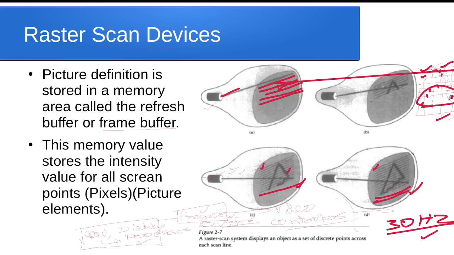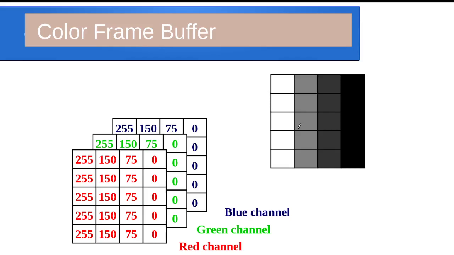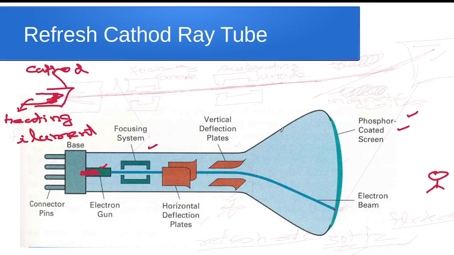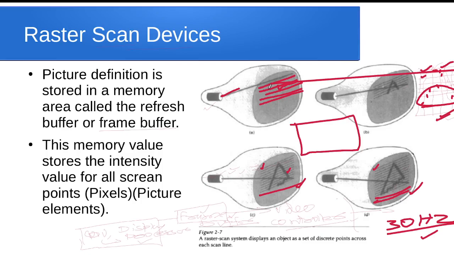In between, if the frame is changing, it is possible. Now if you really have an issue where you cannot maintain such kind of frequency, in that case one thing is done, where you go through the line, okay, sorry, the first line you scan, and after the first line you leave the second line, and you again scan the third line, you leave the fourth line and scan the fifth line.